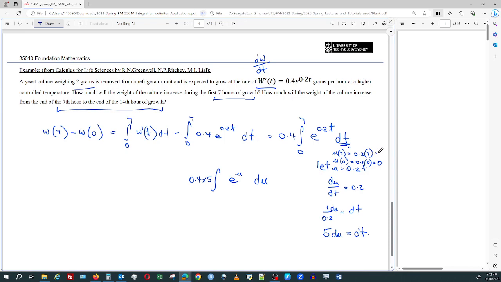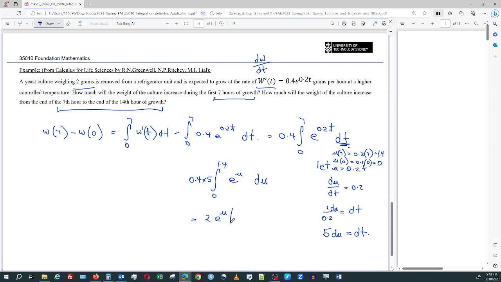Now, we need to change the values. 20% of 7 will be 1.4, so we're going from 0 to 1.4. So 40% of 5, I know you'll all be doing that. 10% of 10 is 1, so it's a half, isn't it? Because it's half. So 4 lots of half is just 2. So we'll get 2. The integral of e to the u is e to the u.